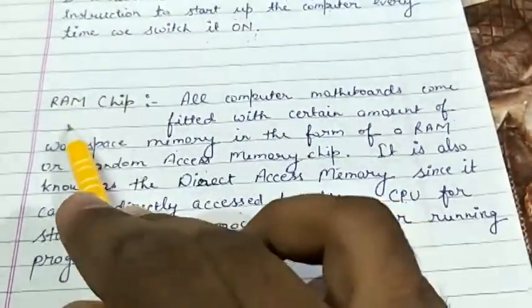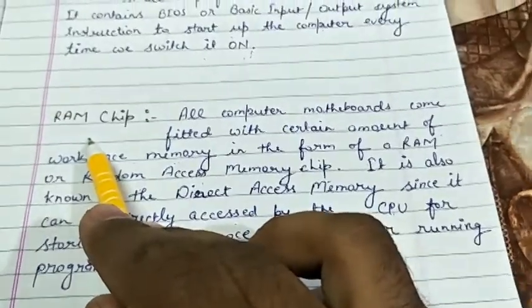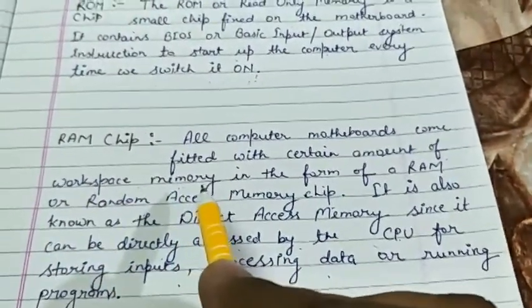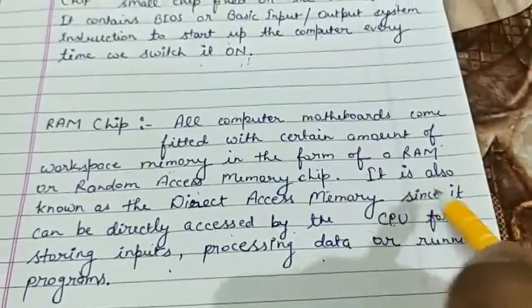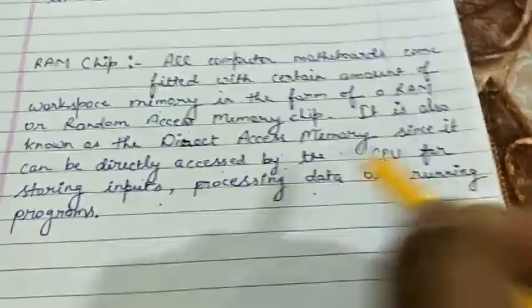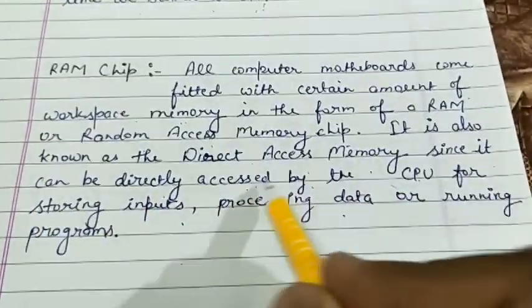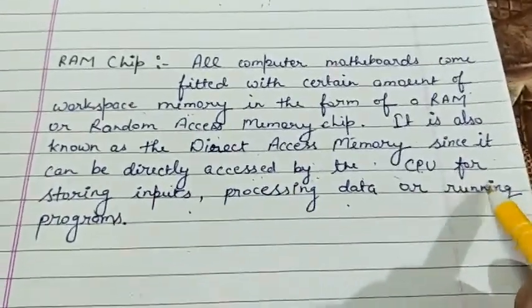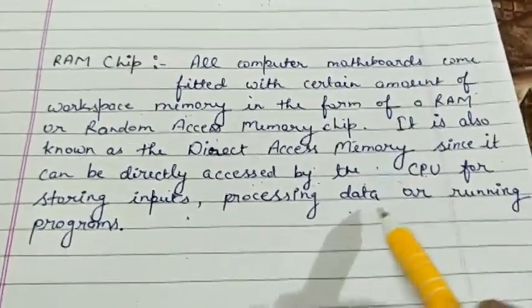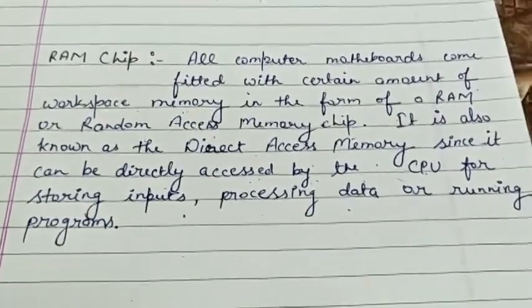That memory is called RAM memory, which is used for working. It is also known as direct access memory since it can be directly accessed by the CPU for storing inputs, processing data or running programs.